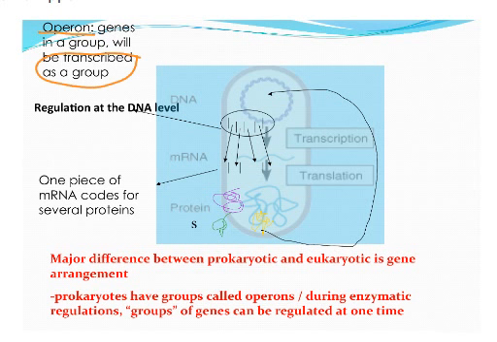So when you go from DNA replication to transcription, that is regulation at the DNA level. The major difference between prokaryotic and eukaryotic cells is in fact this gene arrangement, which in bacteria is referred to as an operon. So things are done in groups as opposed to being done one at a time.